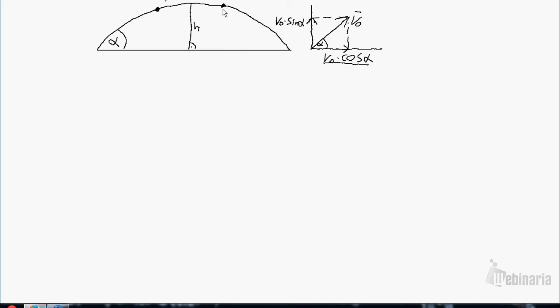And why is that? Because imagine that here's our object, now it is flying. What are the forces affecting this object, this ball? Only the gravitation.